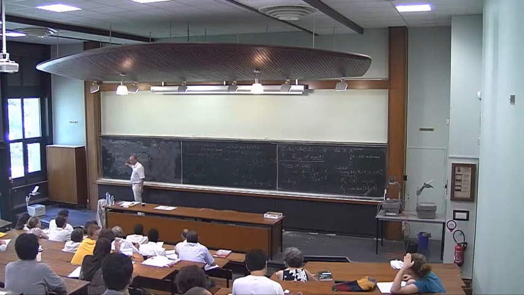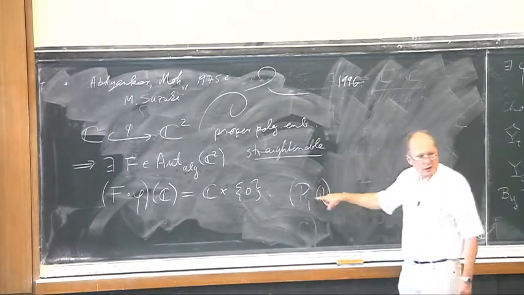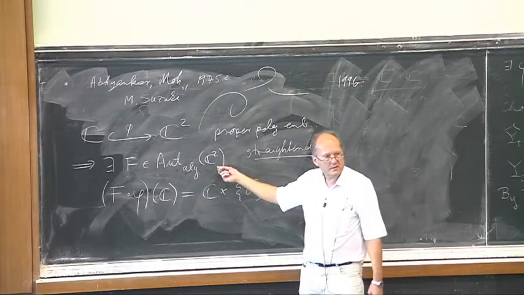I just put algebraic here, but it's just maps (P, Q) where these are polynomials. This group is well understood, by the way. This group has been understood since 60 years ago.